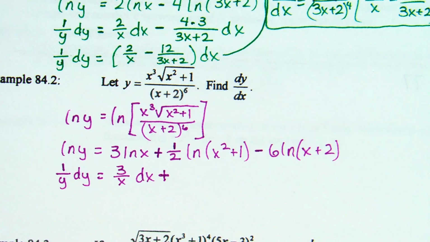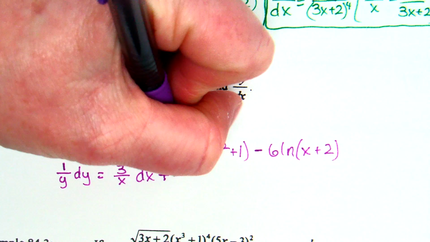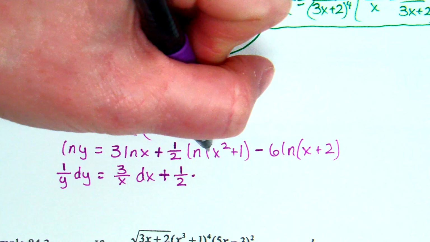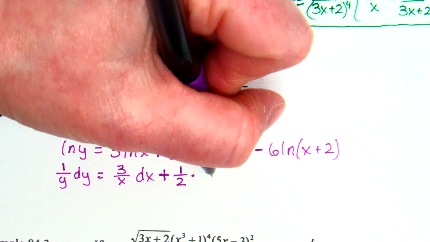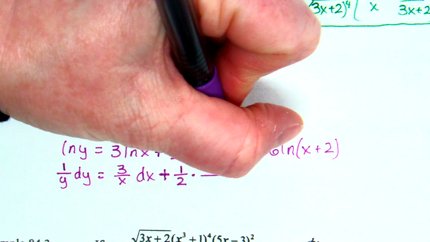Plus. You're going to have a chain 2x, so the 1/2 cancels with the 2. If I write it out as a step here, and then I'll clean it up next time. There's already a 1/2, yes? What's the derivative of natural log of x squared plus 1? 2x over x squared plus 1.